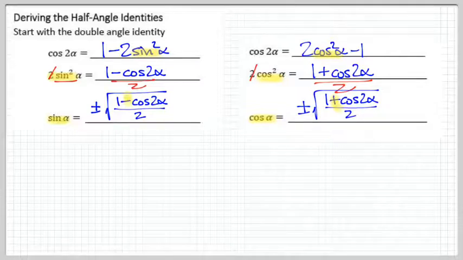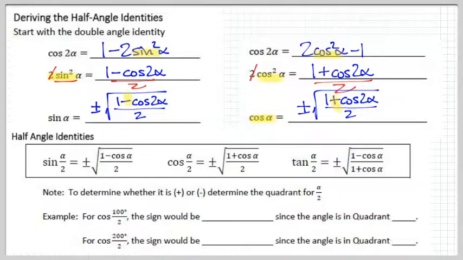Okay, let's go back and talk about this whole idea about this plus or minus sign. Here are the identities, I just captured them all. Sine alpha over 2 is the same as the square root of 1 minus cosine alpha over 2. But the plus or minus, we need to talk about that. What that really means is it's not both.